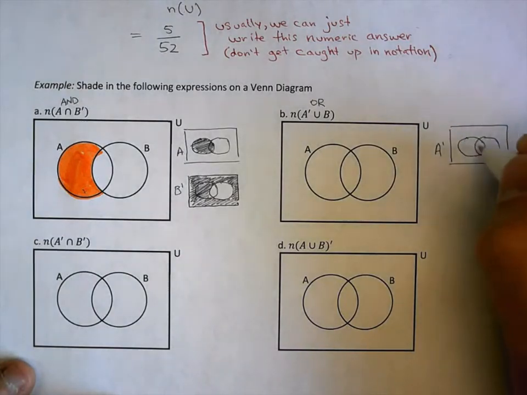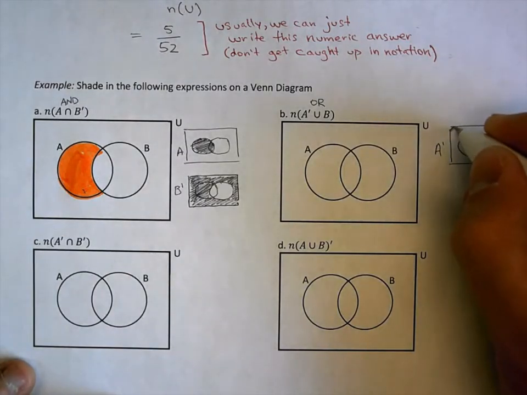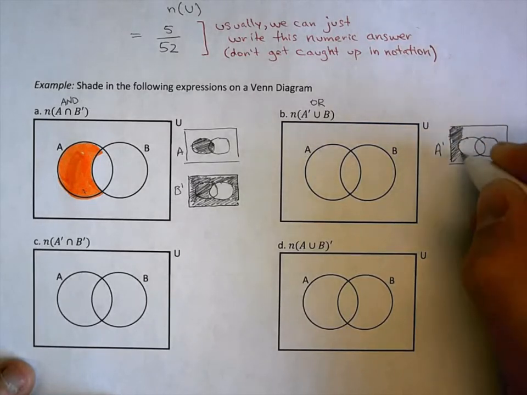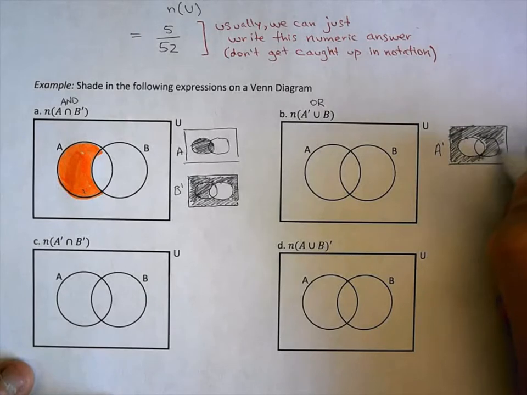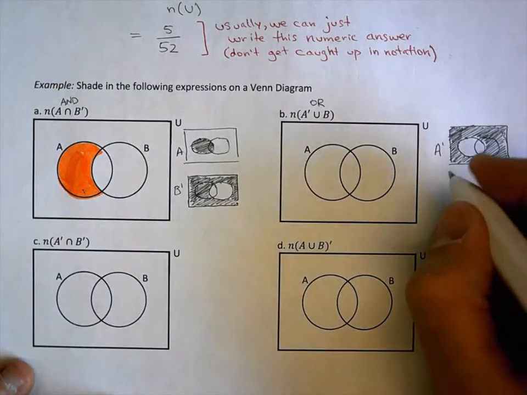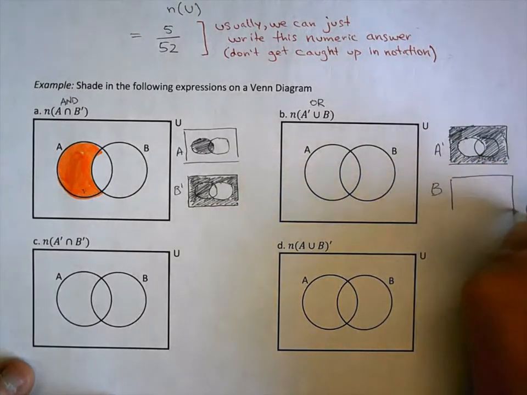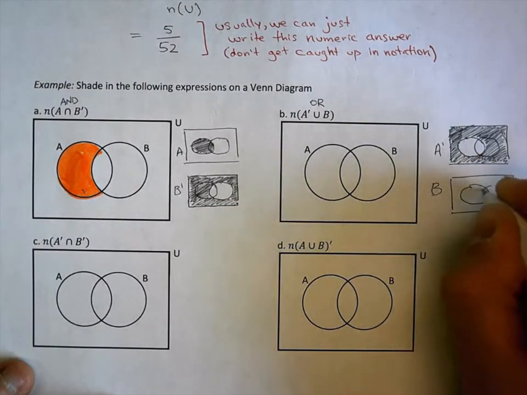If this circle is A, then when I talk about A complement, I'm talking about everything outside of A. So all of this. And then for B, that would be everything in the second circle.